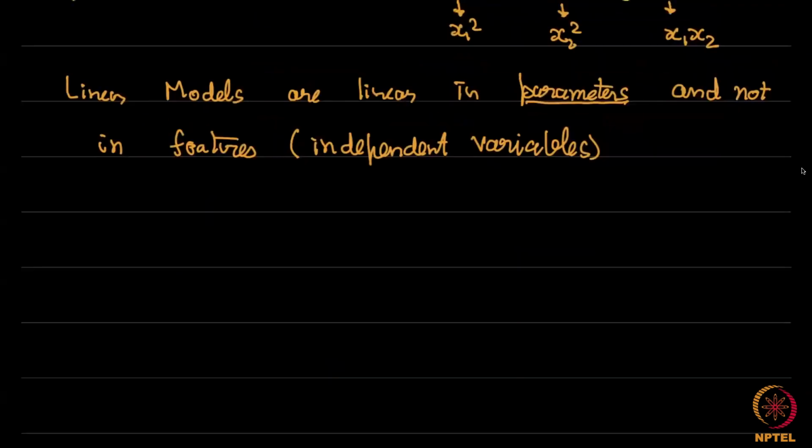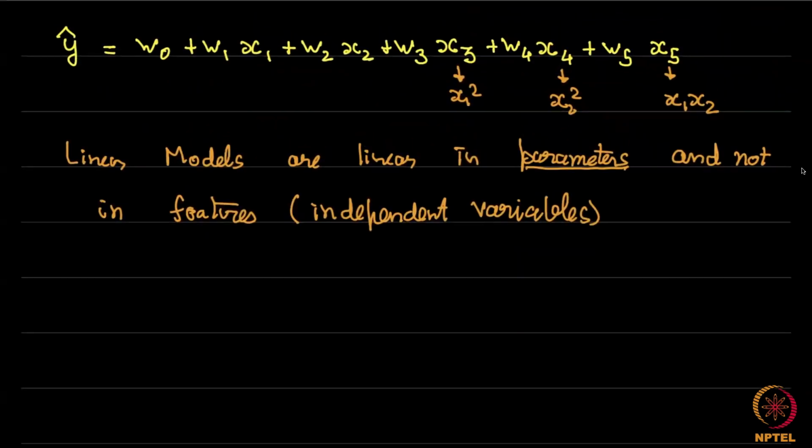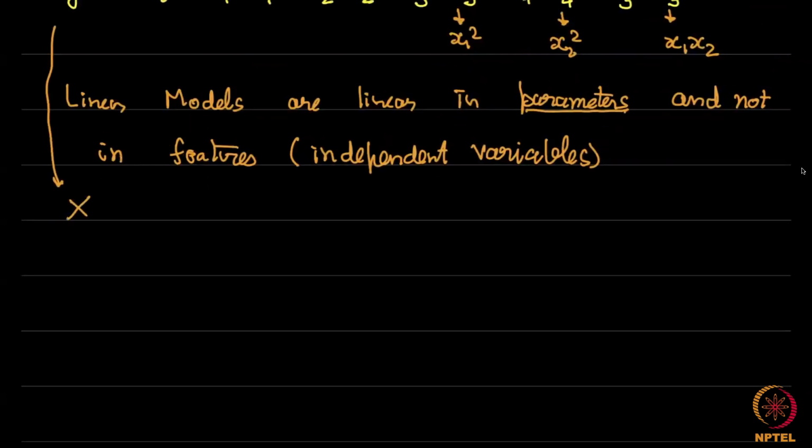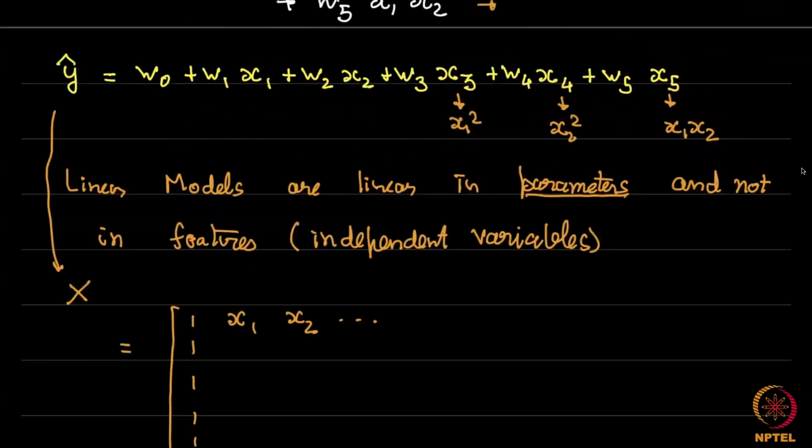For example, in this case, the design matrix, capital X, is going to look like a whole bunch of ones, and then after that, x1, x2, and we will go up till x5.